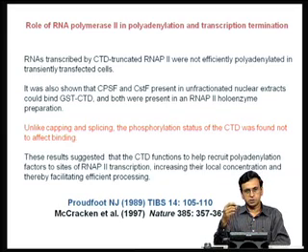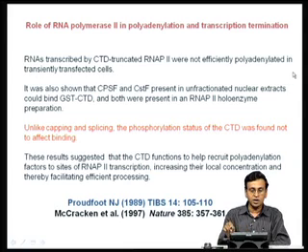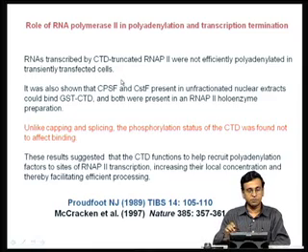And what is the evidence? Why do you think that RNA polymerase II plays a very important role in this? The evidence is that RNAs transcribed by a CTD-truncated RNA polymerase II were found not to be efficiently polyadenylated in transiently transfected cells.